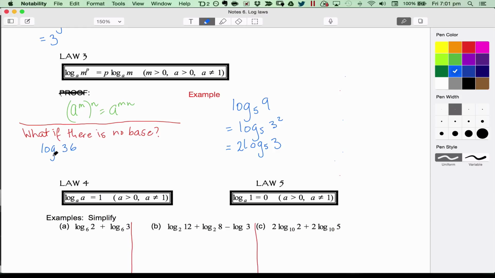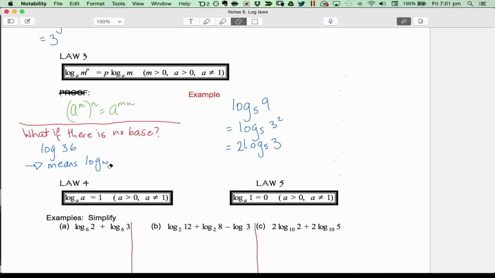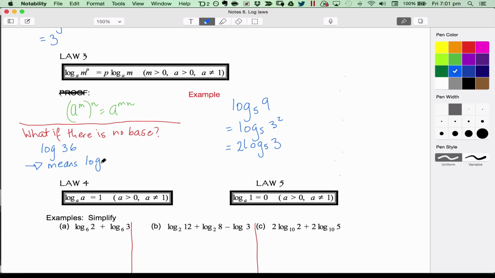And you go, hang on, there's no little base here. How am I supposed to work that out? No base means log 10. So you can use that shortcut. If you're writing log 10, you don't need to write the 10. You can just write log. Otherwise, for all other bases, you need to make sure you write the base. So just keep that in mind if you're doing a problem that has no base, it means log 10.